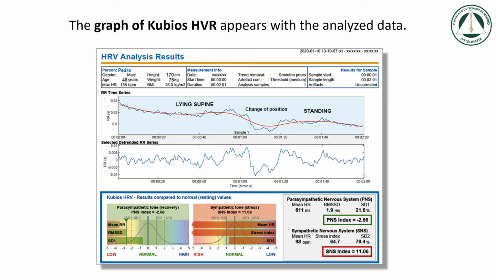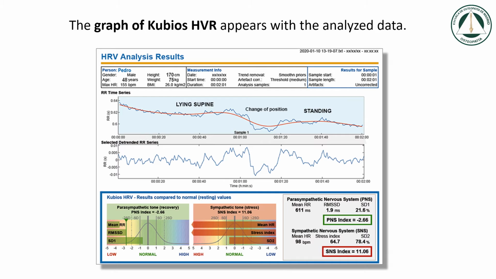The graph of Kubios HRV appears with the analyzed data. In the upper part, you can see the performance of the test, as an example, the heart rate response to postural change test, with its 3 steps: the recording of the decubitus phase, the intermediate phase of position change, and finally the recording of the standing phase.